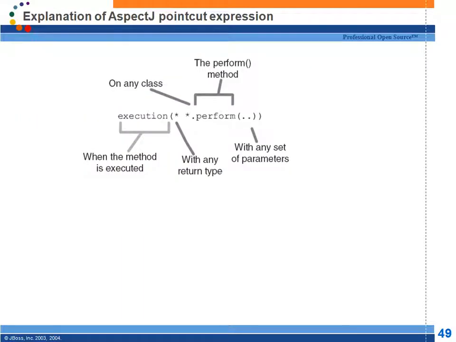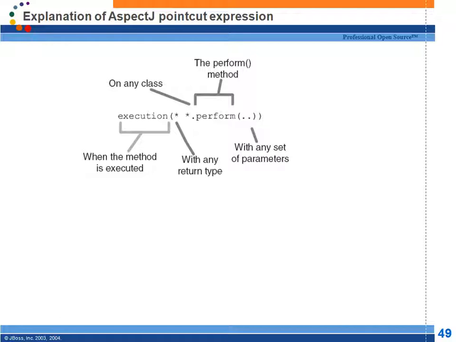See here, this is the meaning of the expression. Execution tells when the method is executed. The first star tells about any return type. If you want to restrict only to the methods which have string as return type, you can write String here. Right?